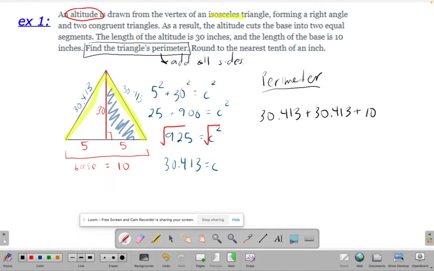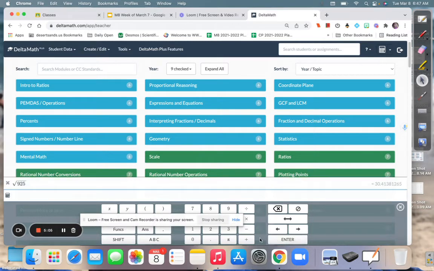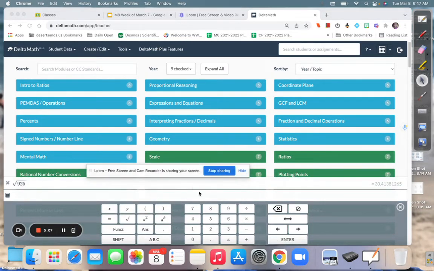I'm going to go to Delta Math and type that in. So we said 30.413 plus 30.413 plus 10.